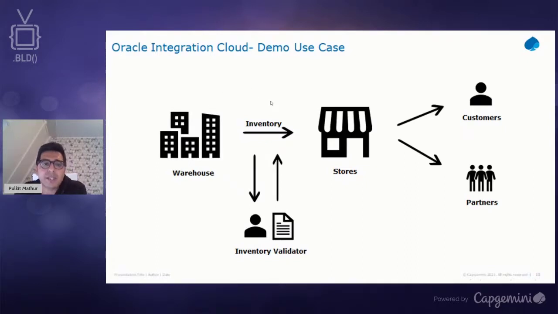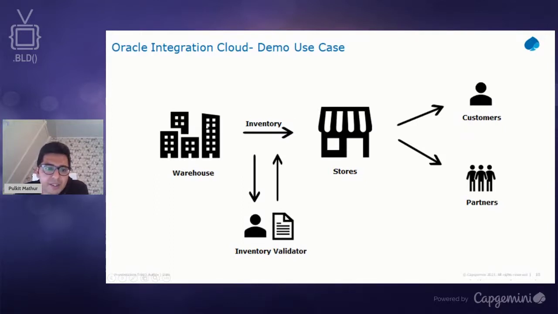What happens is that every night a warehouse employee looks through all the things that are in stock, and he uploads an Excel file to an SFTP location. And every morning, the payment processor or the sales system of the stores picks up that Excel file and uploads that data into the stores.